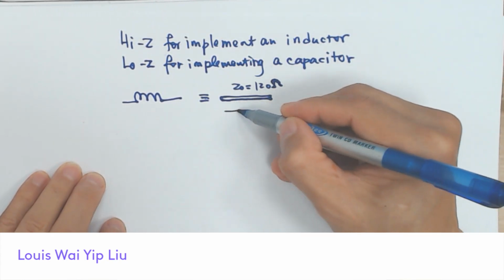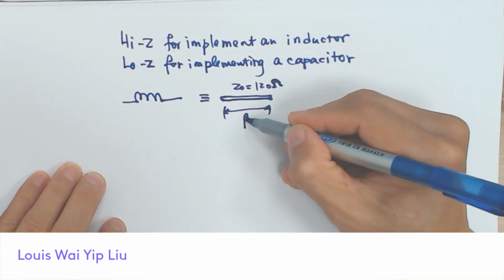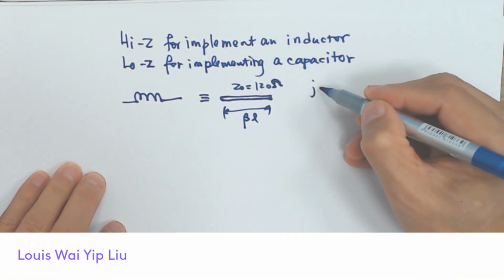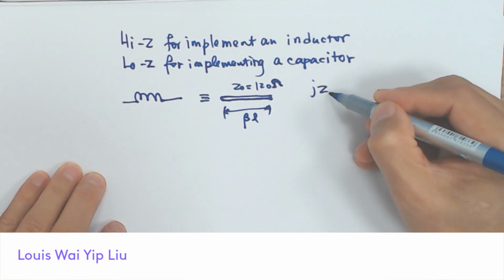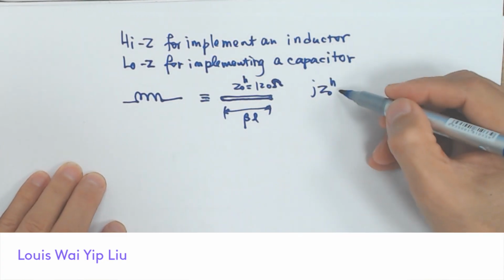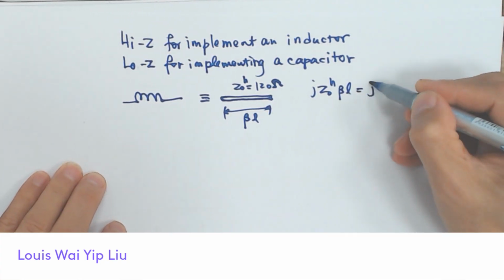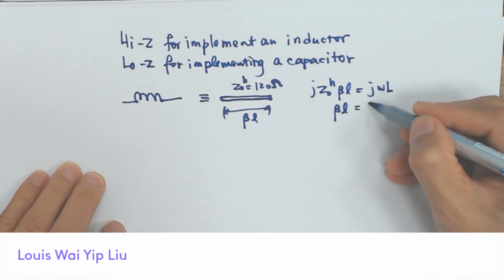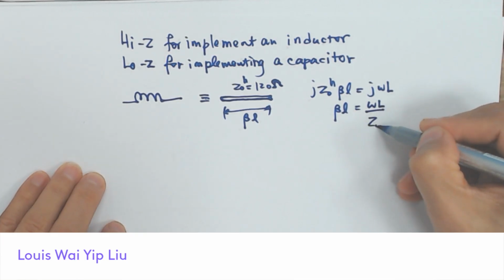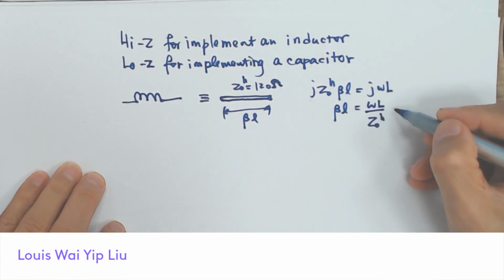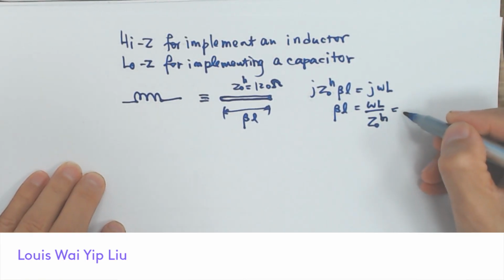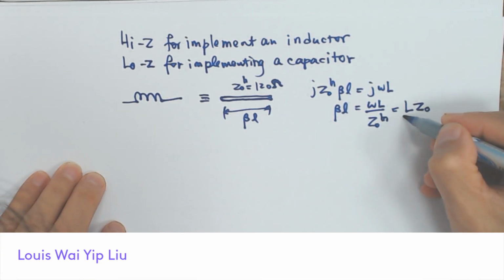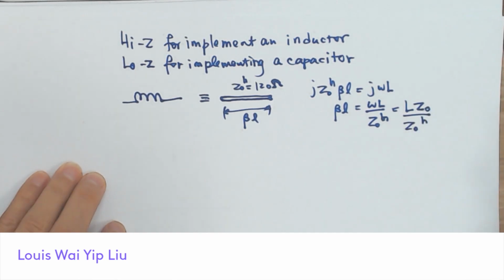The length here is beta L, and beta L is equal to omega L divided by V naught H. And as a rule of thumb, this can be approximated, so we can do that.